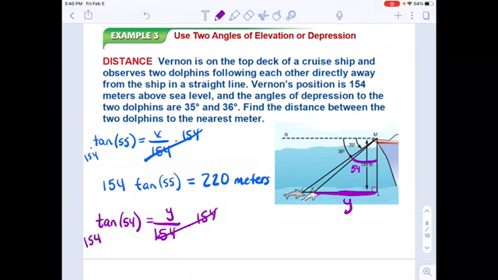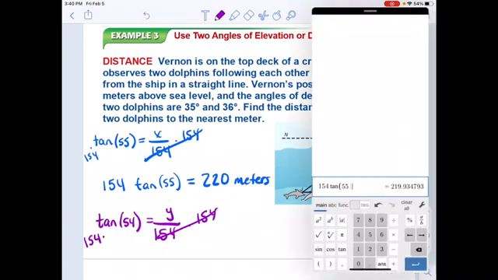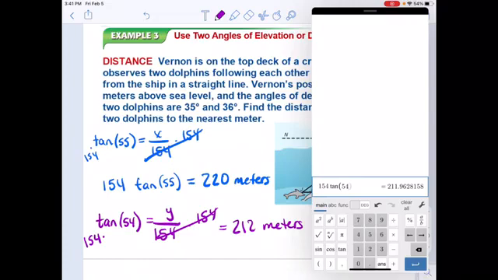And then you solve basically the exact same, except the only thing that changes is the degrees. So we have 154 times tangent of 54 degrees, and we get that this dolphin is 212 meters away.